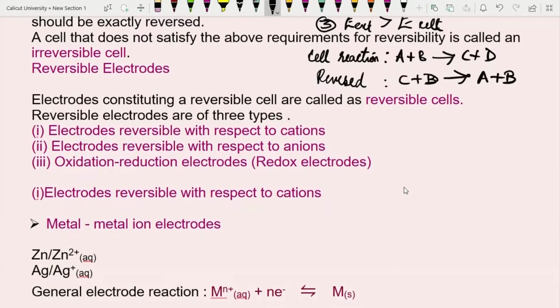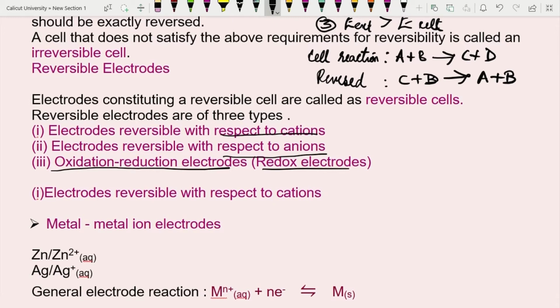Next, we will see the types of reversible electrodes. Reversible electrodes are generally classified into three: electrodes reversible with respect to anions, those reversible with respect to cations, and redox electrodes, or oxidation reduction electrodes.